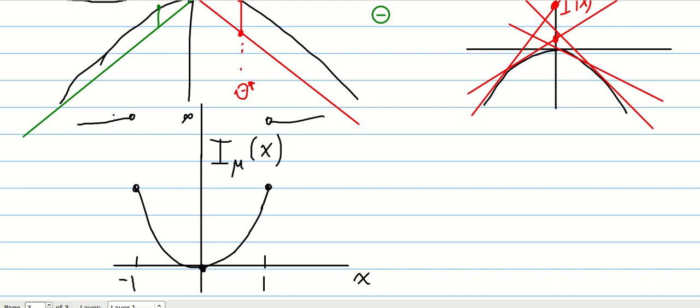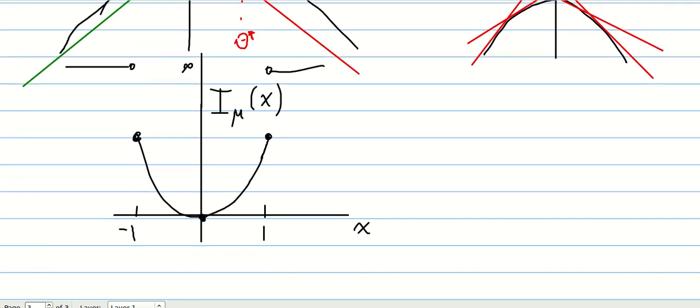I'm not going to pay much attention to the fact that it can be infinite for now, but just the fact that it's convex here and the value is 0 at 0, and by the way, this is 0, which is exactly the expectation of x1.